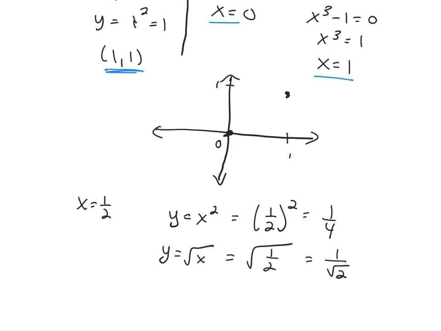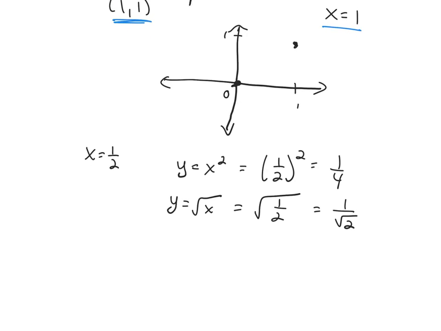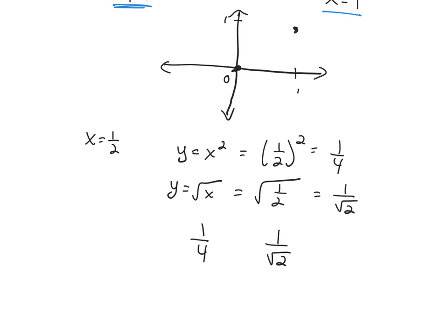And I've got to figure out which one of these is larger. You can either use a calculator to help you figure that out, or you can just try to use inequalities. If I compare 1/4 to 1 over the square root of 2, I cross multiply square root of 2 and 4. 4 is bigger than the square root of 2.